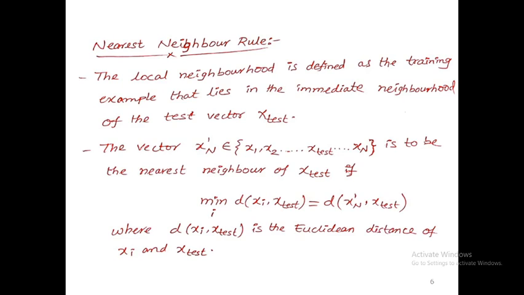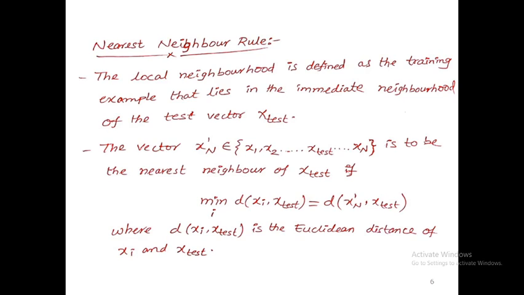We'll find the distance between xi and x test: for i equal to 1, x1 to x test distance, x2 to x test distance, x3 to x test distance, and so on, xn to x test distance.